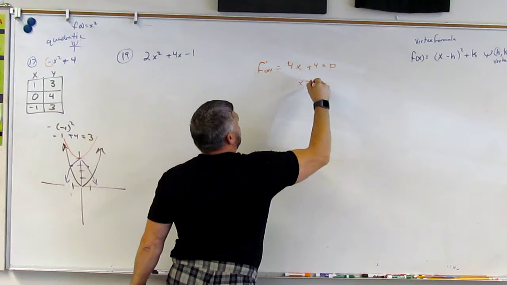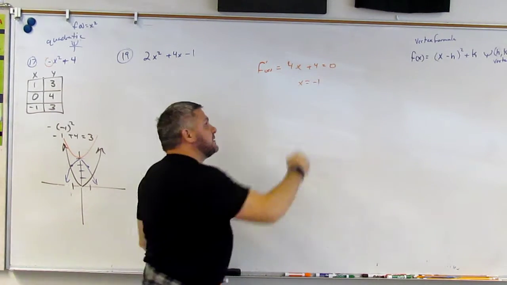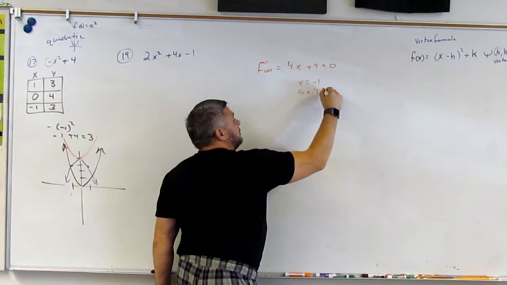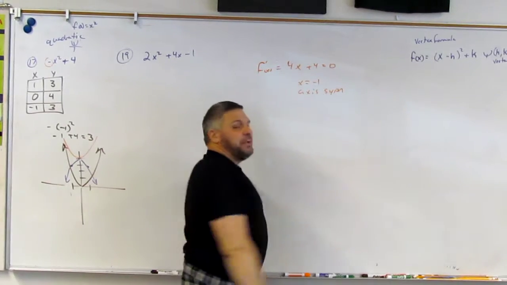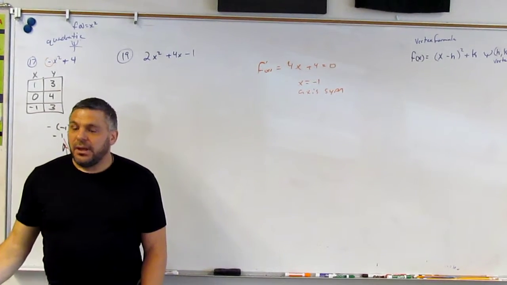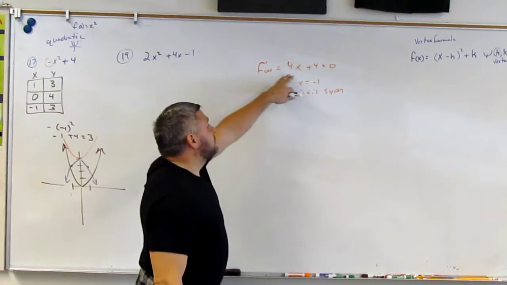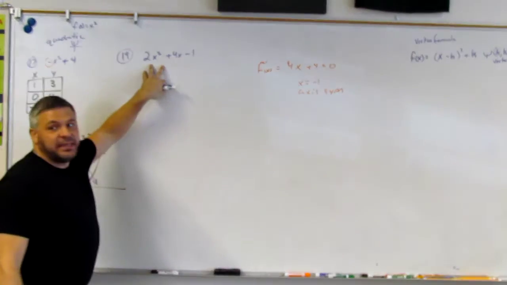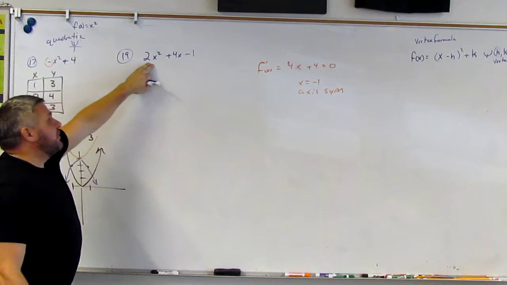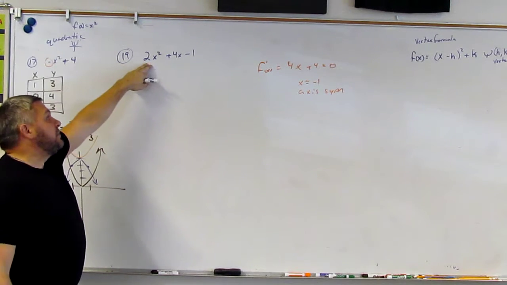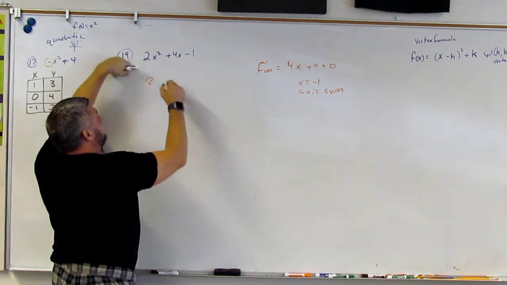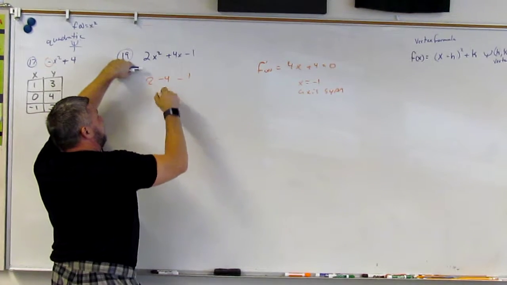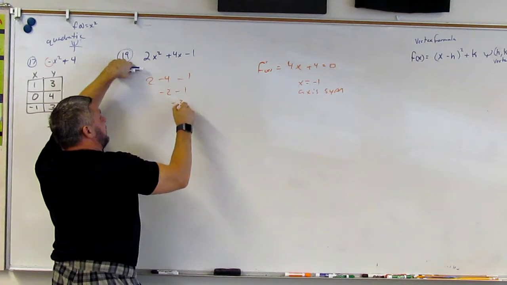Solve it so that x equals negative 1. That's your axis of symmetry, right? And then you'll plug that back into this, and you'll go negative 1 squared is 1, times 2 is 2, negative 1 times 4 is negative 4, minus 1, that would be negative 2 minus 1, that would be negative 3.